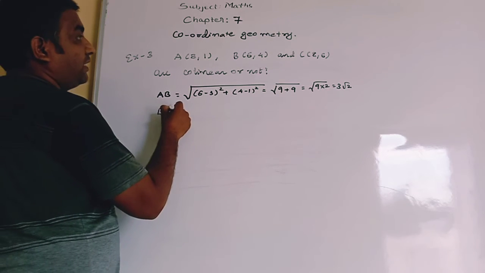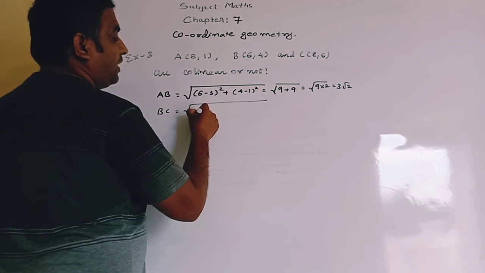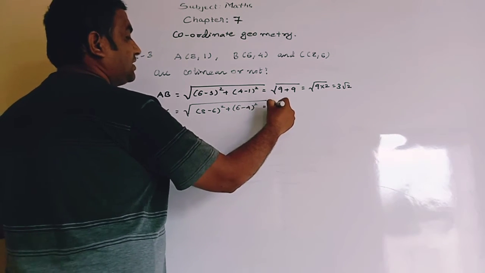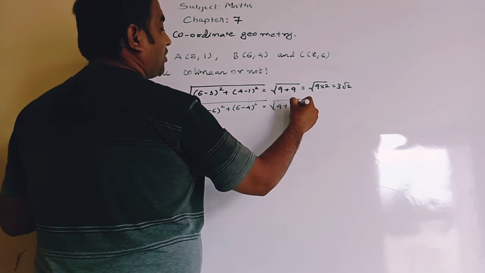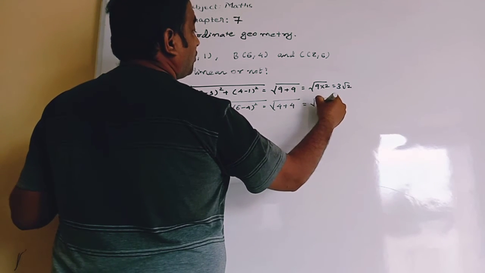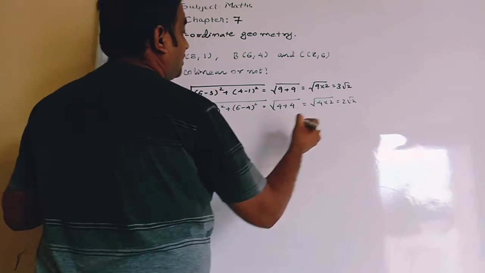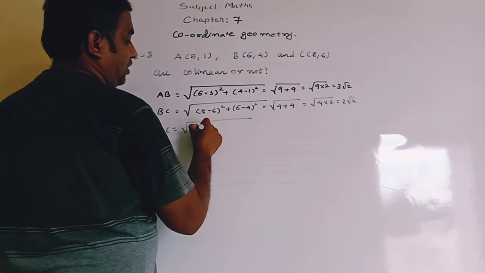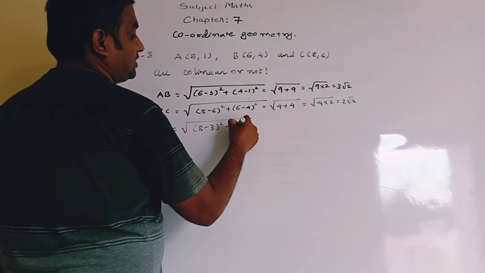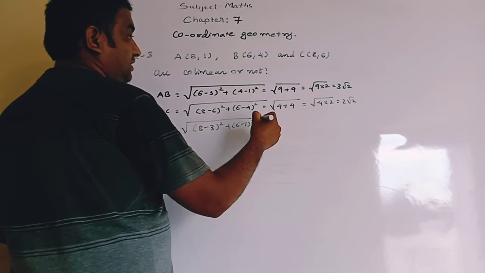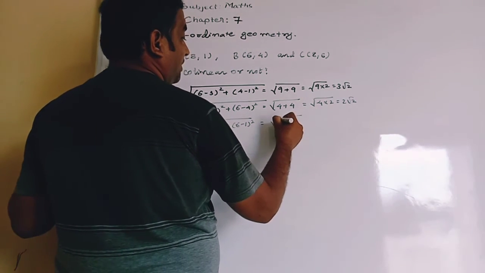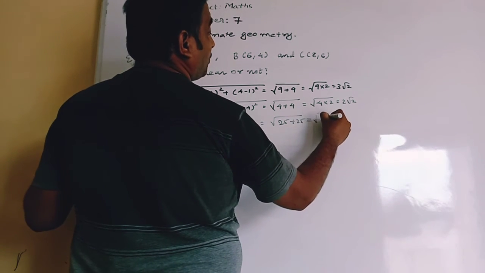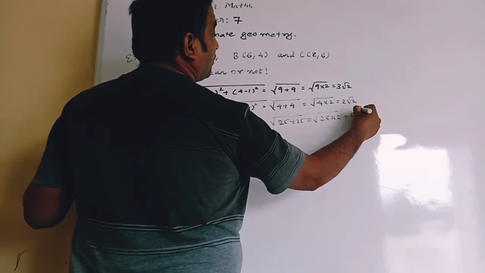Now BC we can find out. It is (8 - 6)² plus (6 - 4)². So 8 minus 6 square 4 plus 4. It is 4 into 2, and so it is 2 root 2, and AC equals (8 - 3)² plus (6 - 1)², that is 5 square 25 plus 25, so it is 25 times 2, and so 5 root 2.